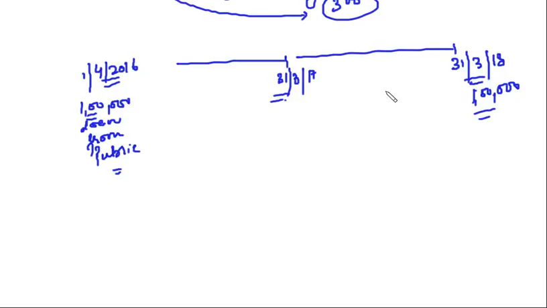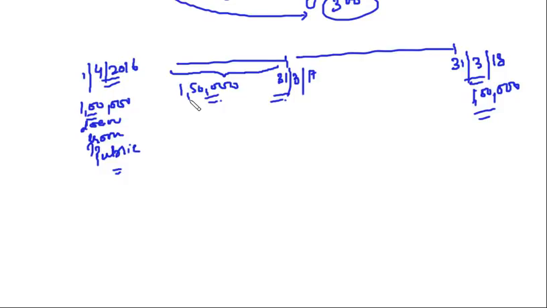Now, during the year 16-17, during this period 16-17, you earned a profit of, okay, I'll say 1,50,000 rupees. Right?